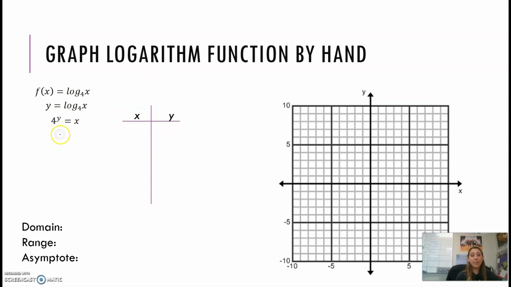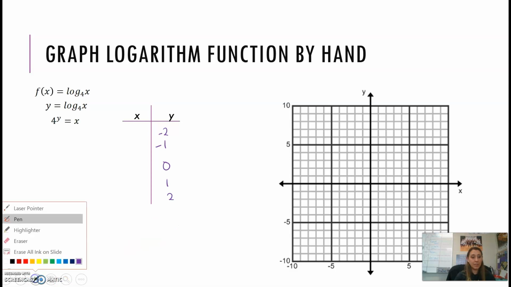So if my base is 4, my exponent is y, and my answer is x, then I'm going to get 4 to the y equals x, which means I'm going to put my -2, my -1, my 0, my 1, and my 2, all on my y's. I'm going to plug it in for y to find my x, because remember, a logarithm is an inverse of an exponential.